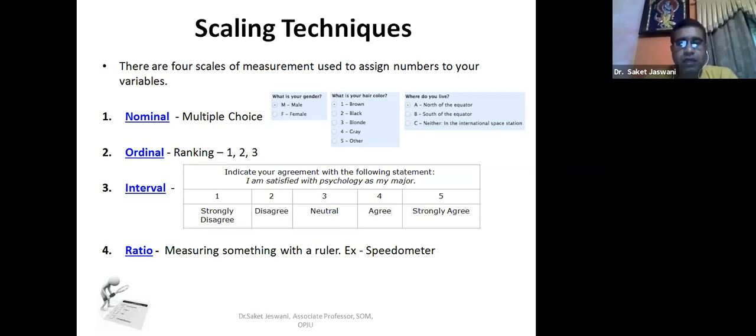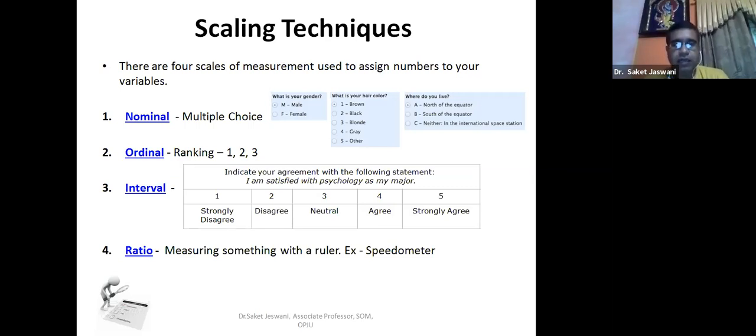Interval scale is basically a scale used for behavioral studies. It is an instrument to measure behavioral constructs, wherein you have agreement or disagreement, importance or not important options for the statements you have given. For example, the statement is: I am satisfied with psychology as a major. You will either agree or disagree on this 5-point scale.